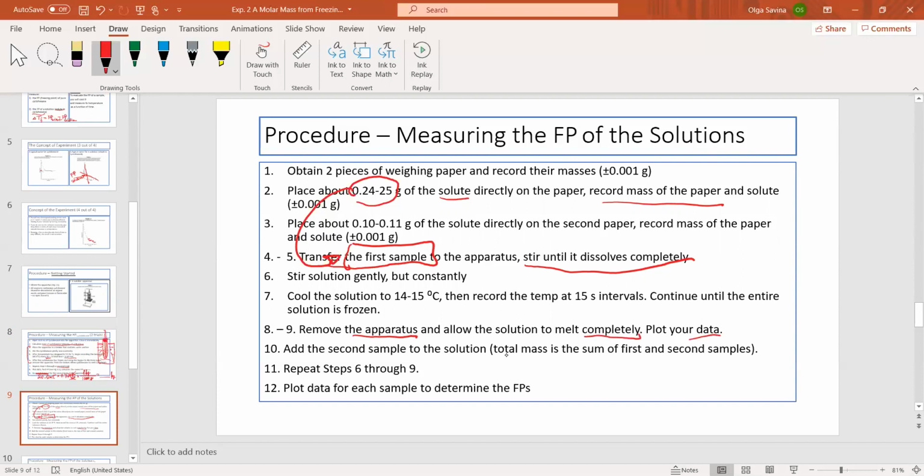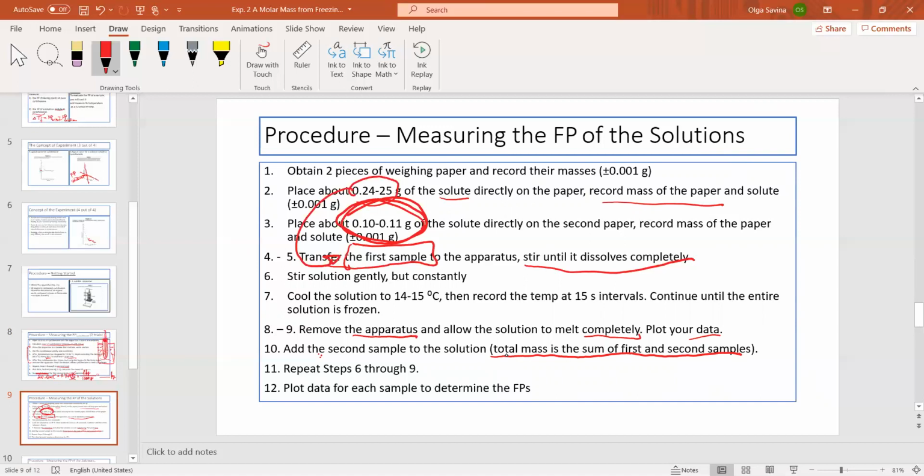Plot your data. For the second trial, we have to add the second amount of solute into the same test tube and use it for the second trial. So the total mass for the second trial will be the sum of the first and second samples.